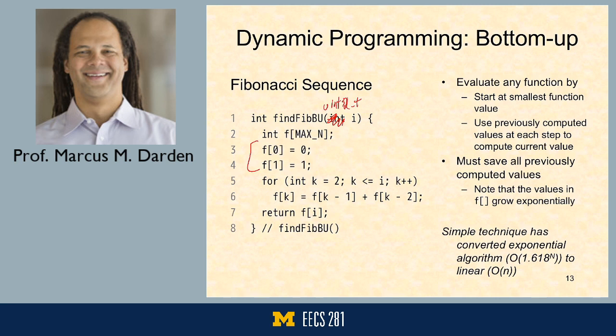There is no trickery about this. There's no recursion. There is just a straight iterative loop that goes from k equals 2 up to n. So that's linear. And so this simple technique of storing the value and using it later, as opposed to recalculating it when I need it, has changed this exponential algorithm into something that's linear. And that's pretty impressive.